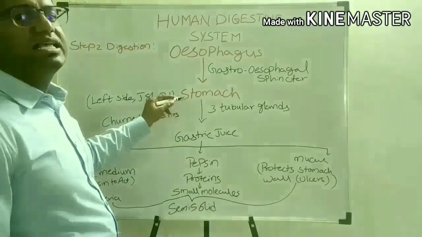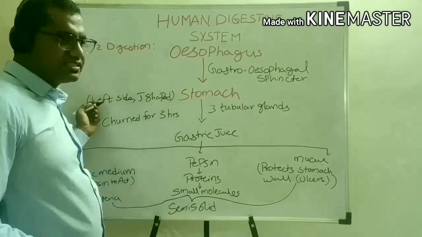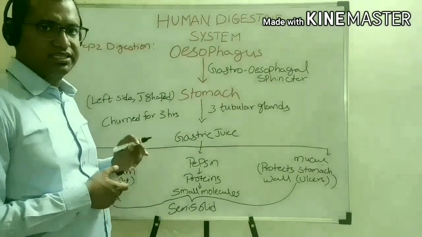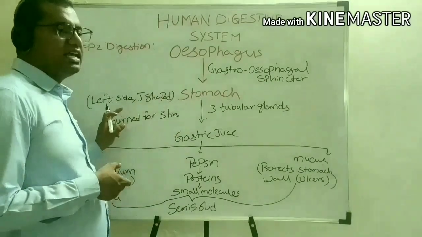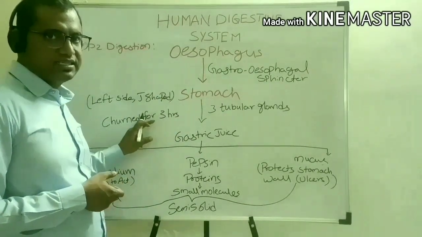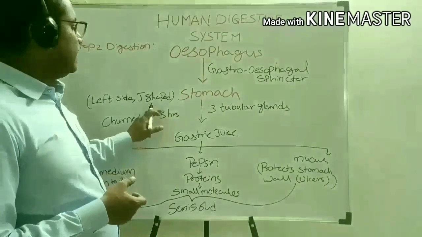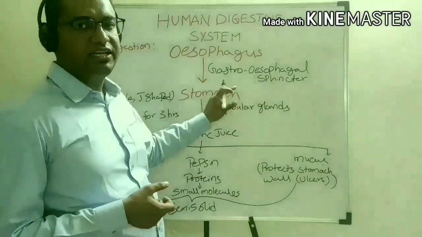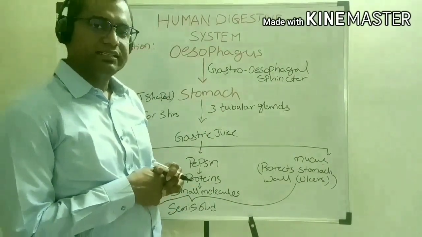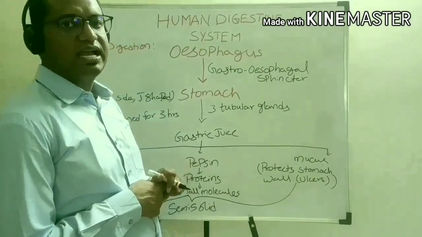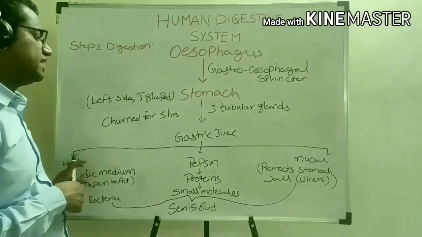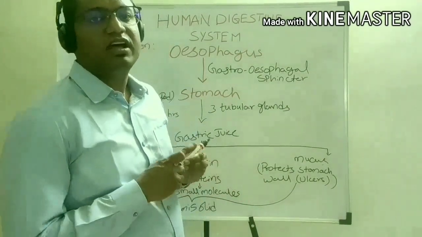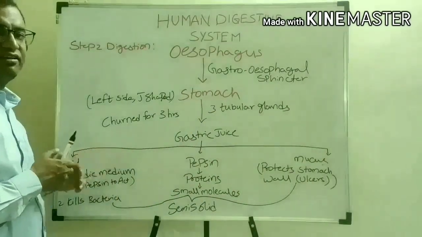Coming to the stomach, it is present on the left side of the body and it is a J-shaped structure. Here, food is churned for 3 hours and gastric juices are produced in the stomach by 3 tubular glands. The gastric juice of the stomach consists of HCl, pepsin and mucus. Let us see the use of all these 3 different juices.